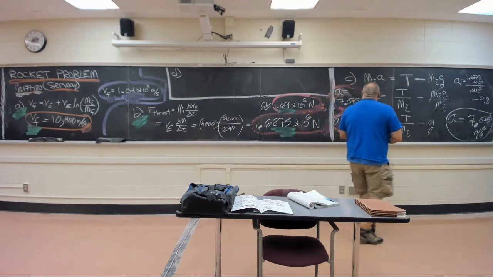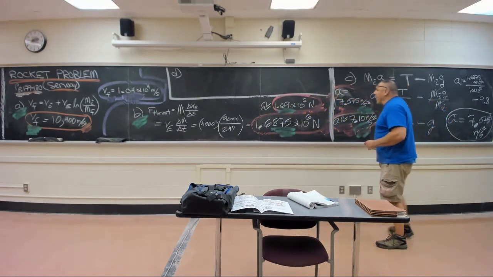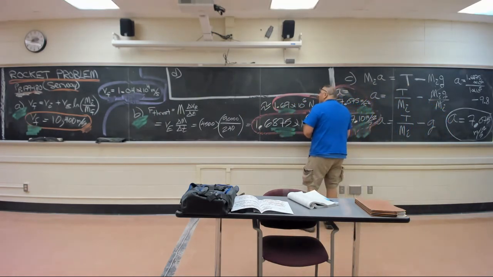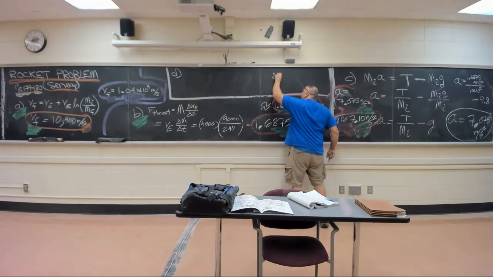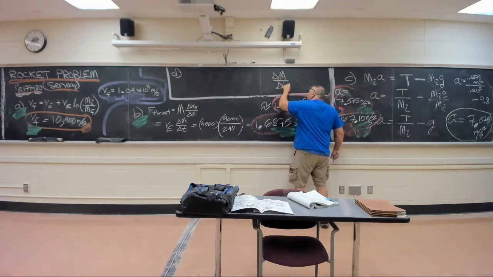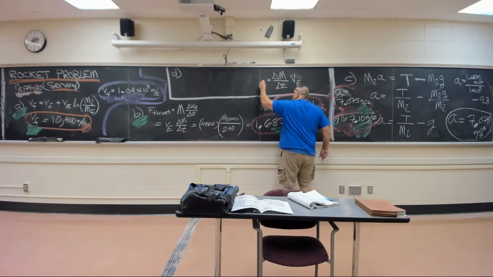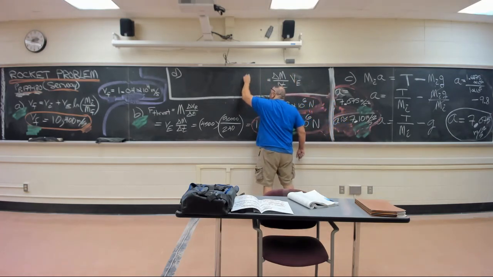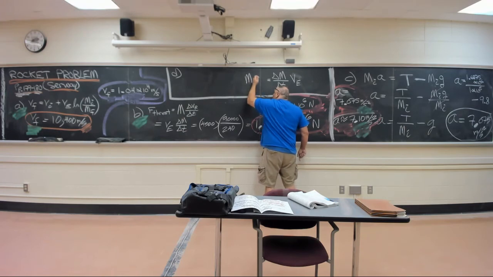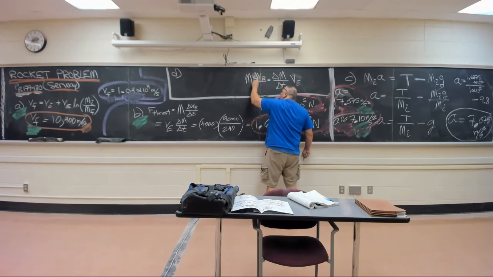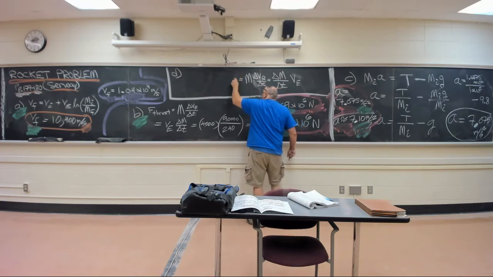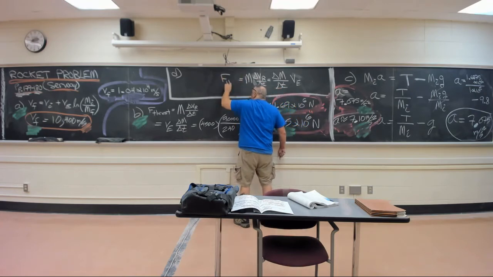Well, true, a constant times a constant is another constant, and delta M divided by delta T, remember, I already wrote it down. I'll write it here. We know that delta M divided by delta T times VE is equal to M, mass times acceleration, which is delta V over delta T, equals force thrust.